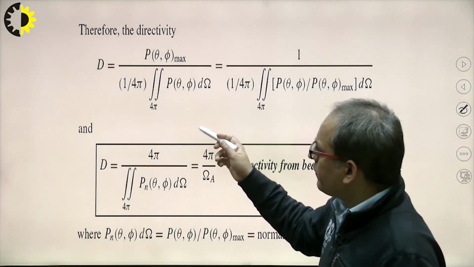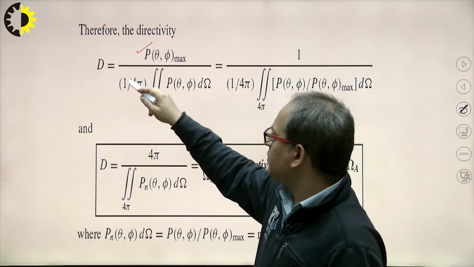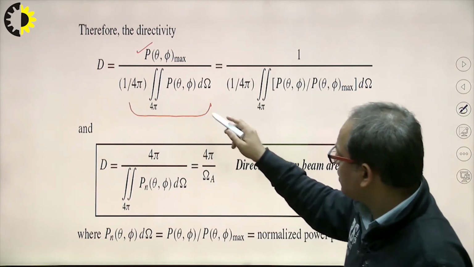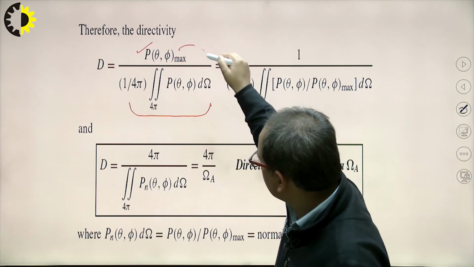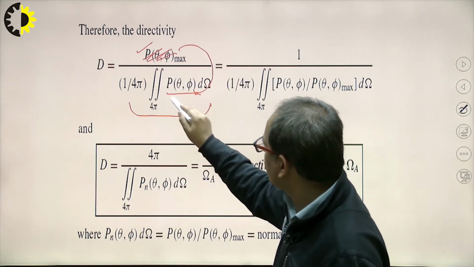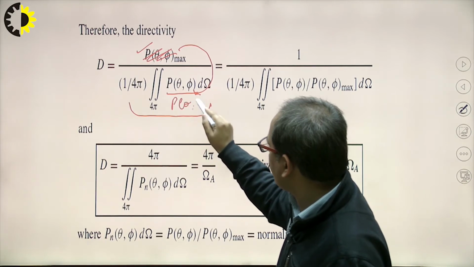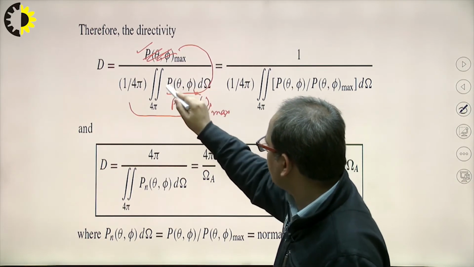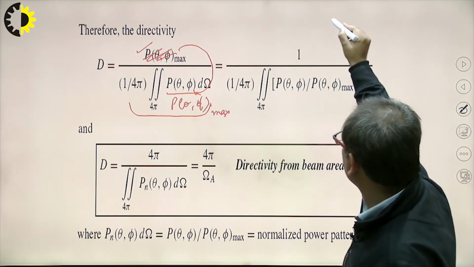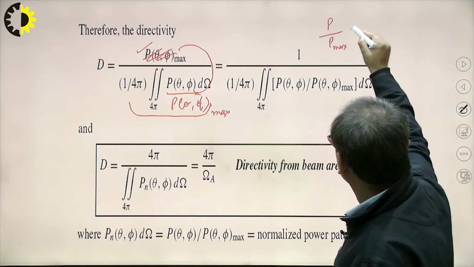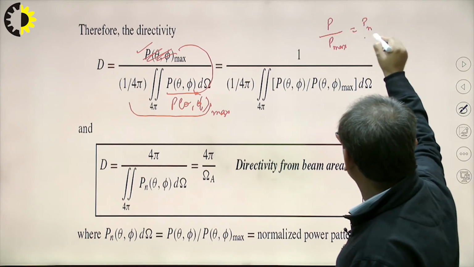So the directivity is the maximum power density divided by the average power, and this average power comes out like this. You know that P divided by P maximum is the normalized power.